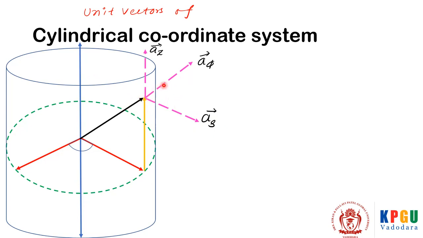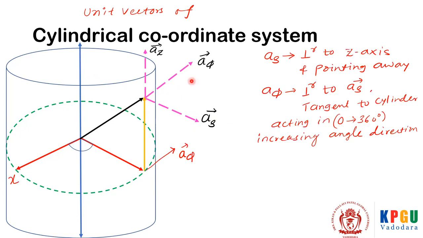Now, A phi is the direction in which phi increases. So A phi is the unit vector along which phi increases. It is at point P tangential to the cylinder, as you can see. And AZ, obviously, is in the direction of the Z axis.